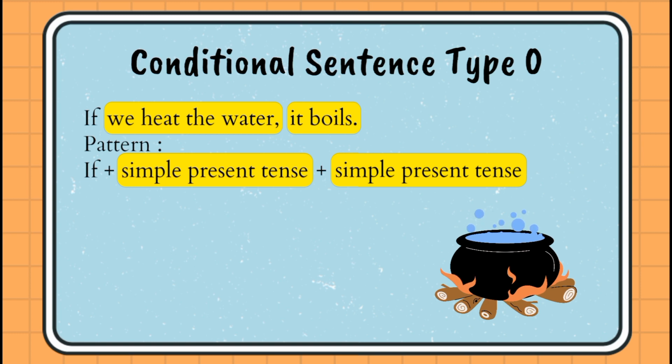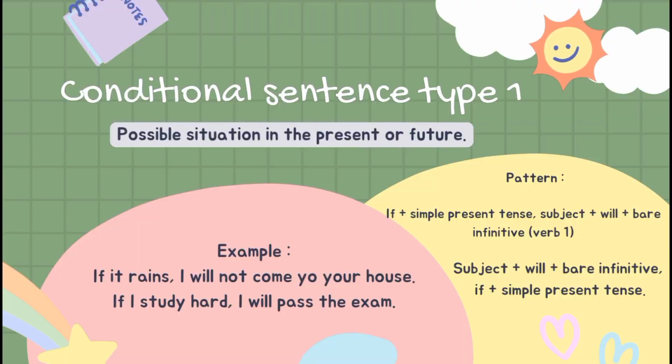Well, since we've already talked about conditional sentence type 0, now let's discuss conditional sentence type 1. Conditional sentence type 1 is a possible situation in the present or future. For example, if it rains, I will not come to your house.